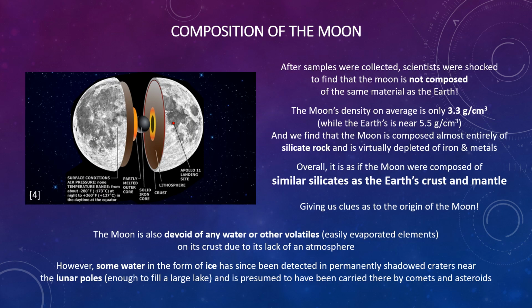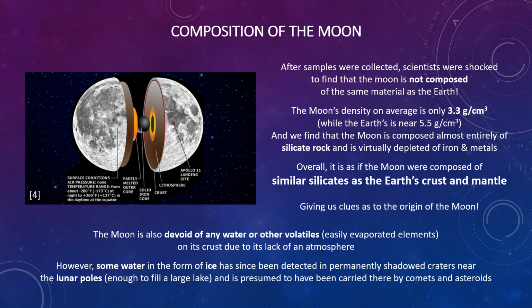Those 400 kilograms of lunar surface samples gave scientists a lot to look at. So they were shocked to find that the moon is not composed of exactly the same material as the Earth. In fact, the moon's overall density, on average, is about 3.3 grams per cubic centimeter, while the Earth's is nearly 5.5 grams per cubic centimeter.